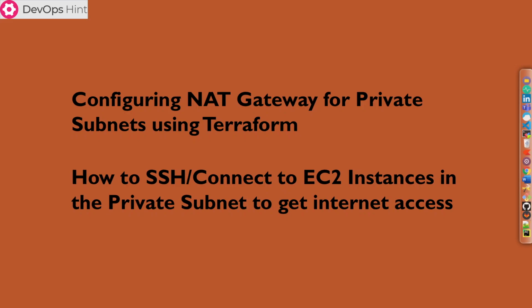At that time we will need internet access, but in that case we will need just one-way internet access. So we just created the NAT gateway in the public subnet and added a route in the route table. So the private subnet will have a route to the NAT gateway.